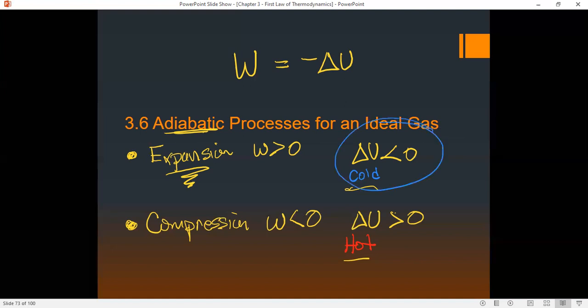If we do this repeatedly enough times, we can get the gas cold enough that the nitrogen will liquefy. On the other hand, we can use rapid compression to actually heat things up. Obviously, if you inflate a tire, it's going to get warmer. But in fact, in laser fusion, when they rapidly compress a target, usually with X-rays or lasers, they can increase the temperature up to a point where nuclear fusion will take place.